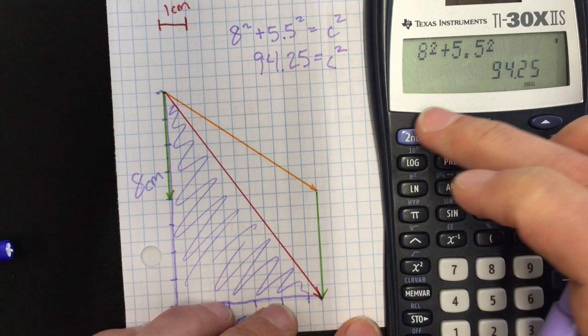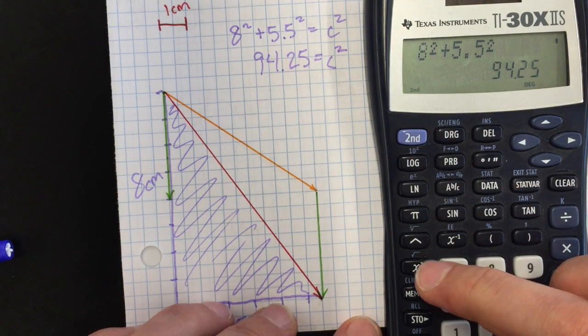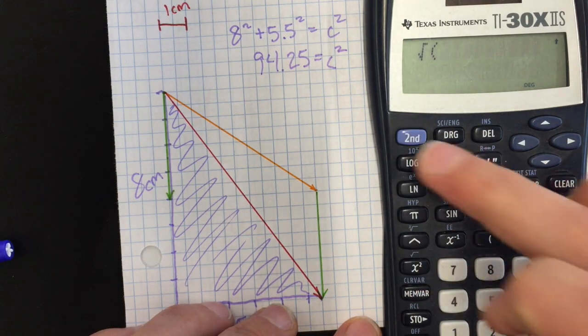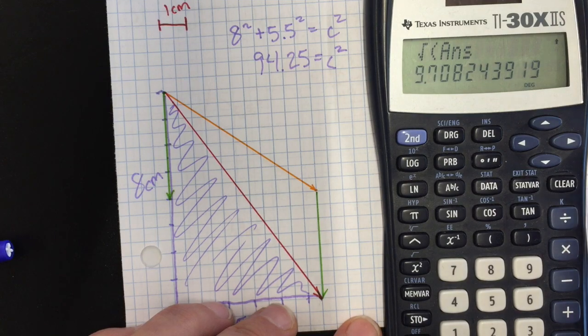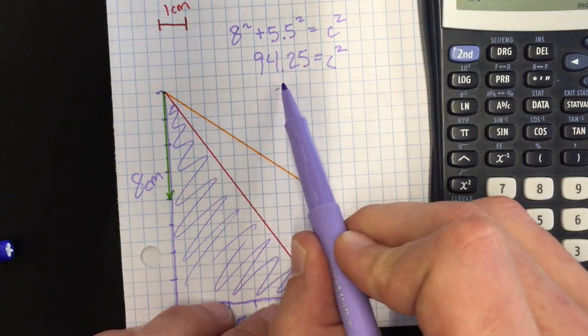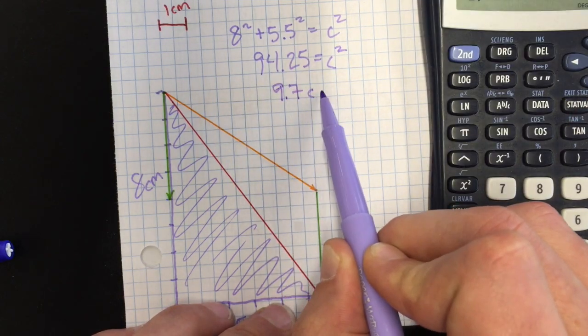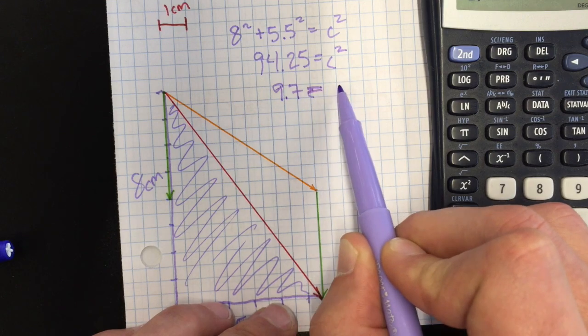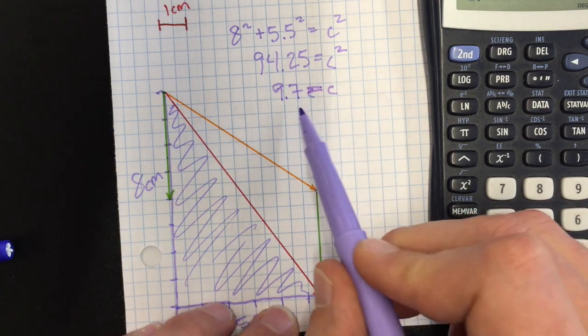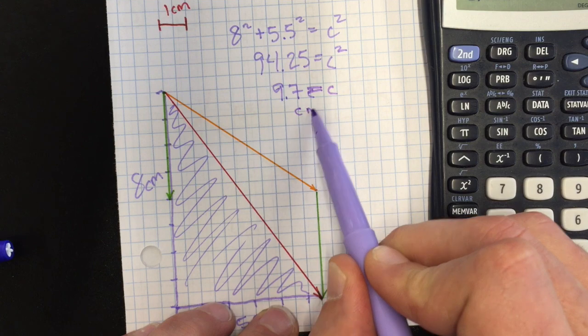And then we're going to take the square root of our last answer. And we get 9.7 equals c. Okay, and that's 9.7 centimeters.